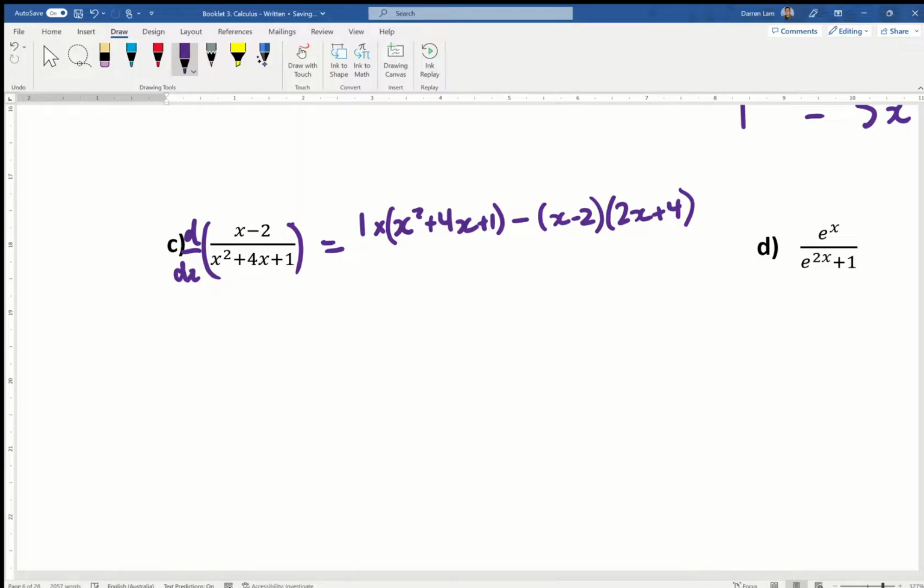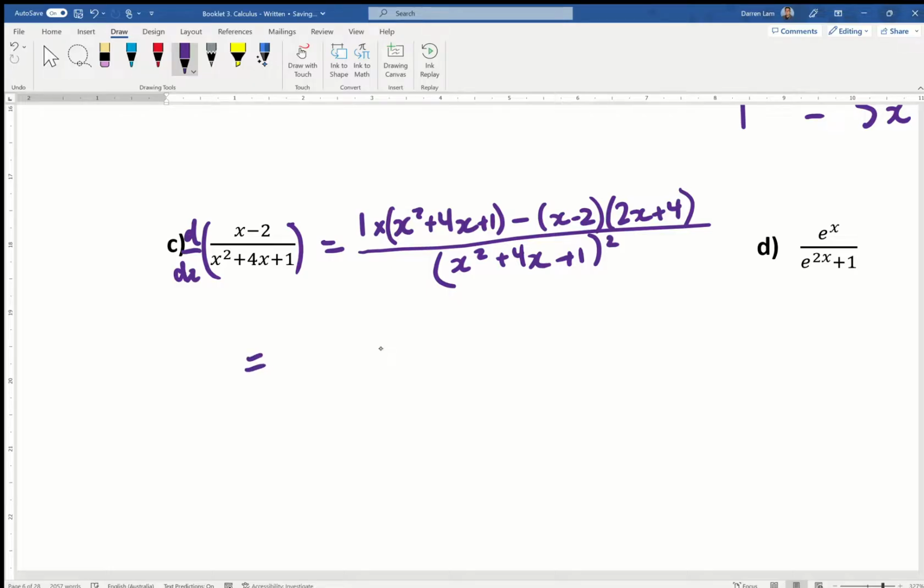Sounds familiar? Okay. And then of course divide that all by the square of the bottom, which is x squared plus 4x plus 1 all squared. Okay, any questions? No?